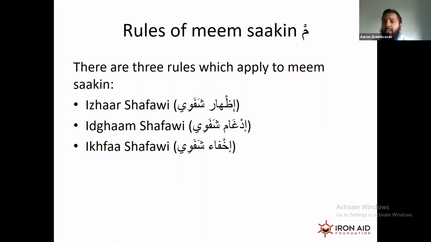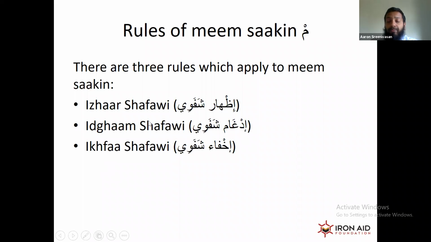Well, we know that the letter meem comes from the lips. And you may remember that there were 5 articulation points, and one of them was the lips. In Arabic, the lips were referred to as ash-shafatain. The tain at the end implies dual presence, so shafatain means the two lips, and shaf would be the single lip.